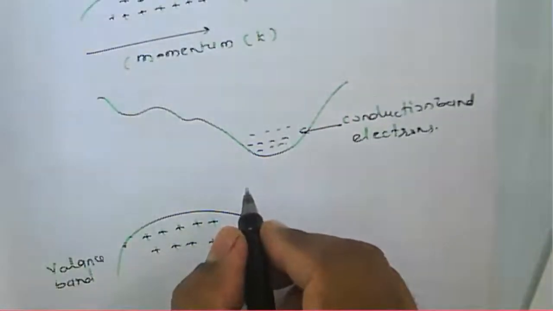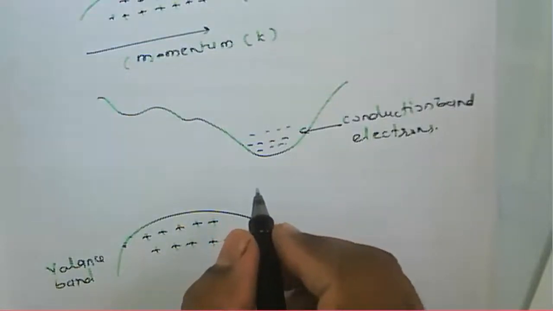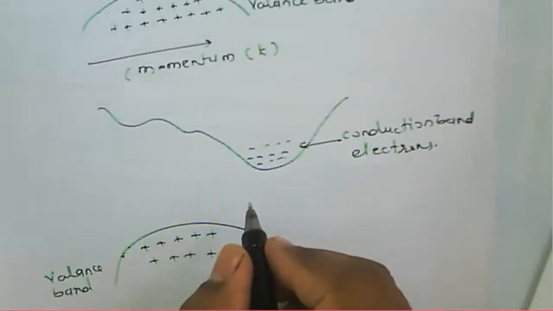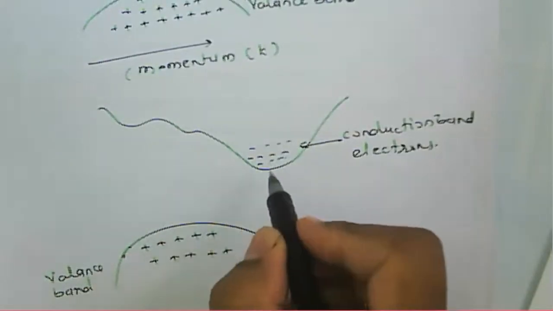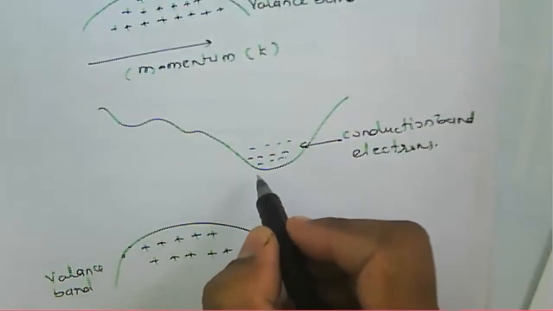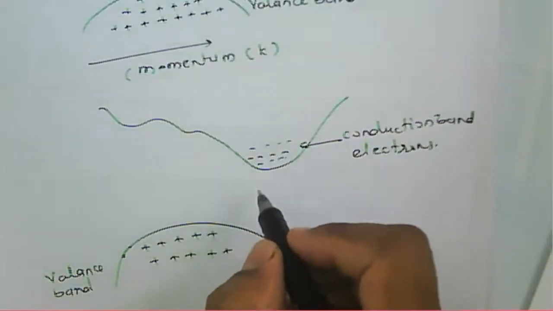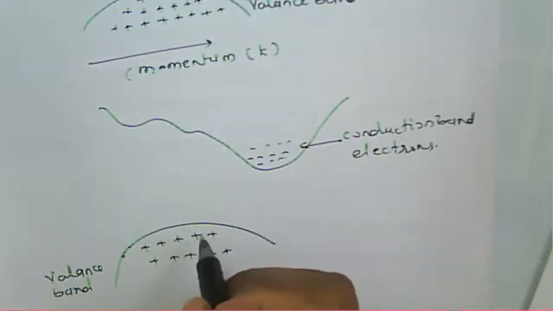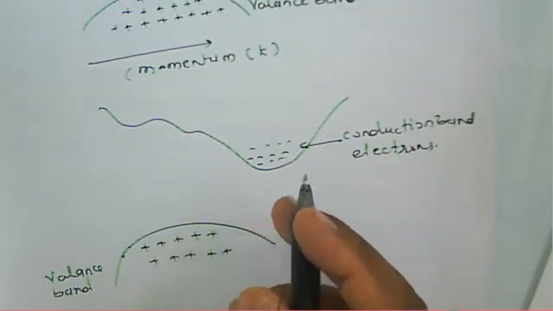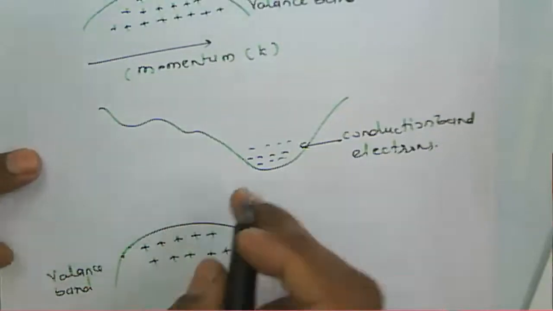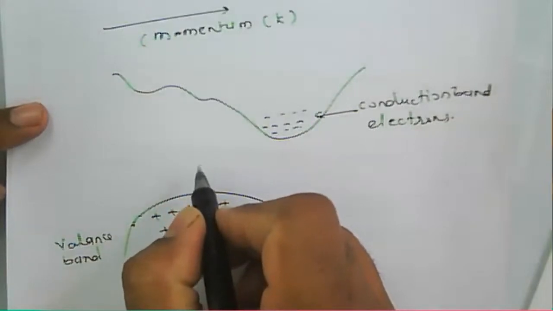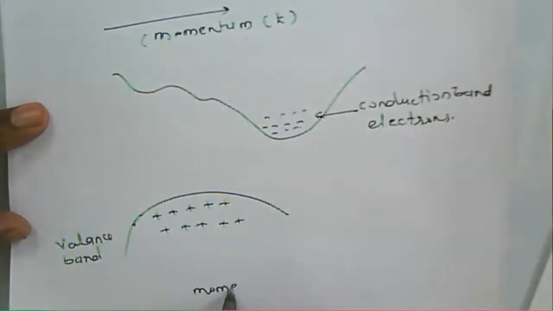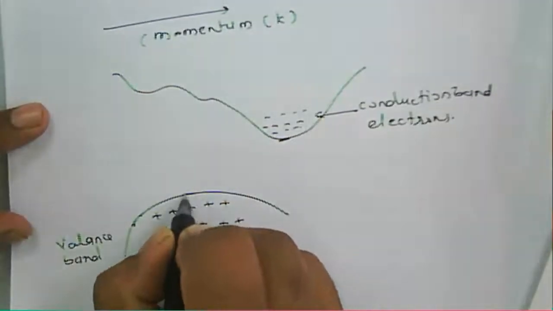Now, in the case of an indirect band, we have the energy of this valence band and conduction band, with the maximum value of the valence band and the minimum of the conduction band. If you consider a given momentum, it is different here. Means there will be a difference in the momentum at the value of this particular peak here.